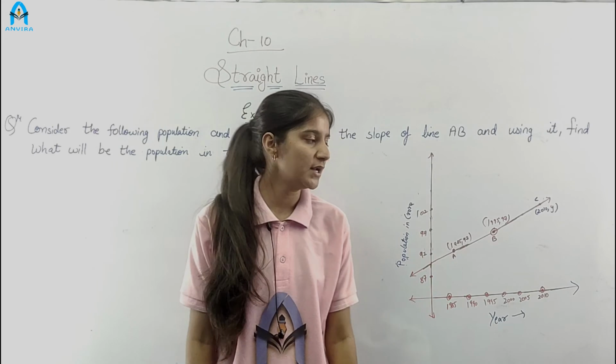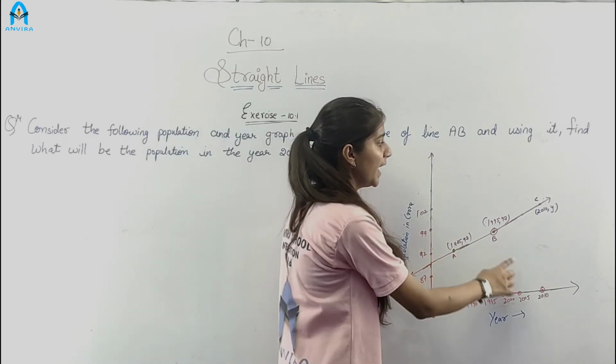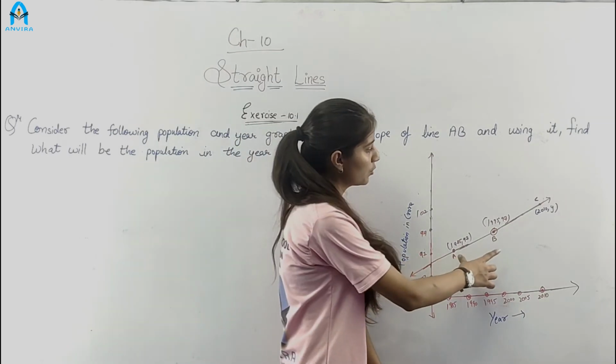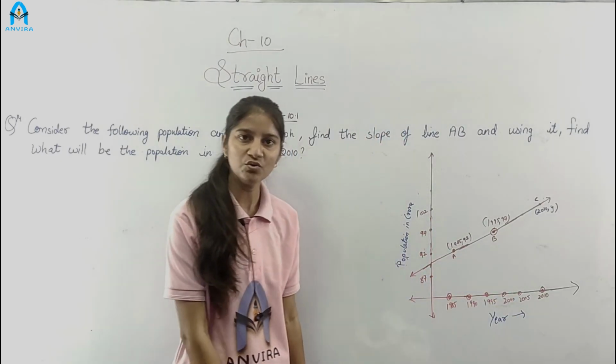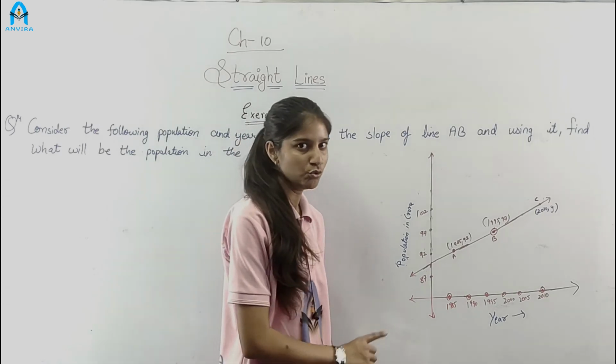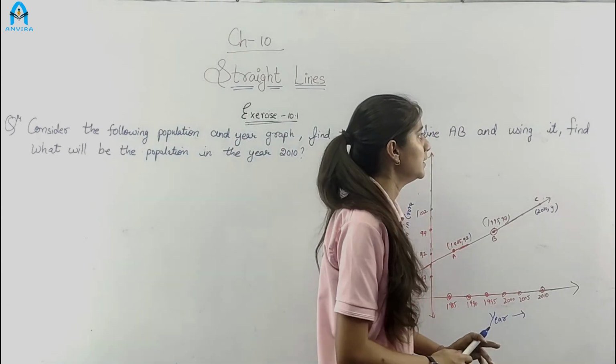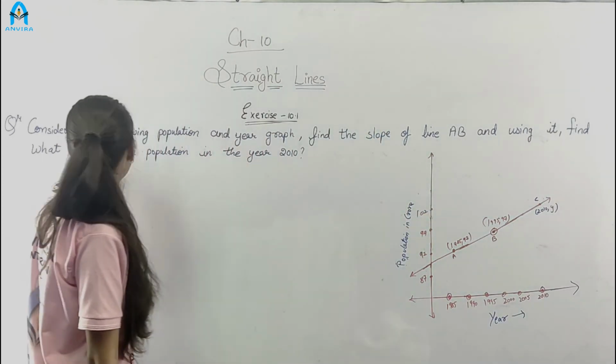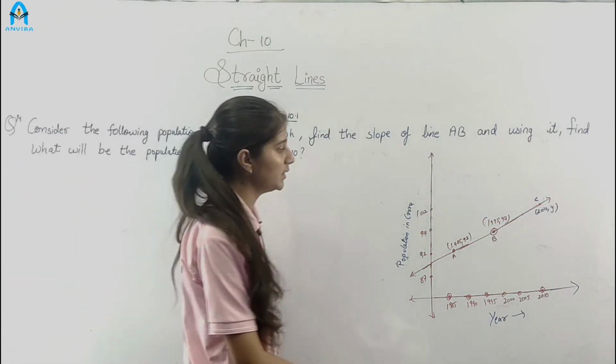We have to find the slope of AB. How can we find it? By using the coordinates, that is y2 minus y1 divided by x2 minus x1. But our question is not completed here. We also have to find what will be the population in 2010.